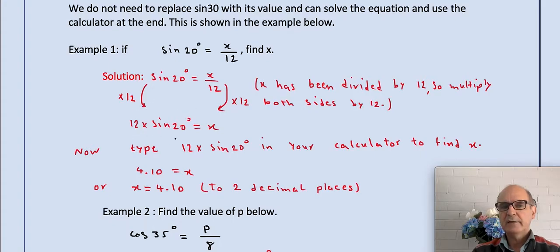Type this in your calculator and you get x. It comes as 4.102 to 3 decimal places. As you can see, I didn't need to replace sine 20 with its value from my calculator. I just timesed both sides by 12 and then entered the whole thing in my calculator to find the answer.